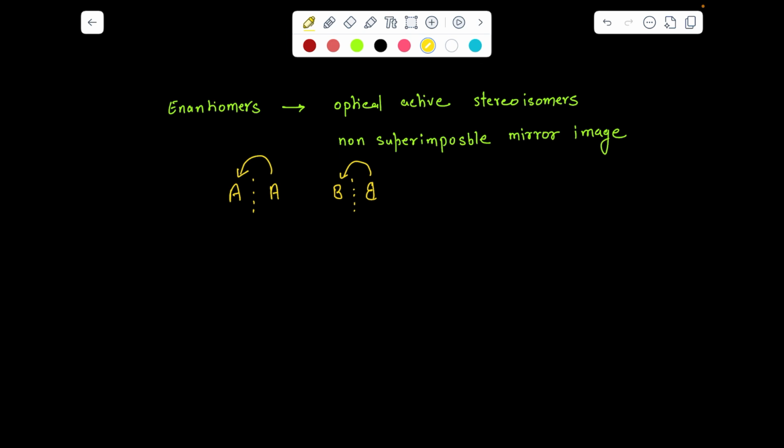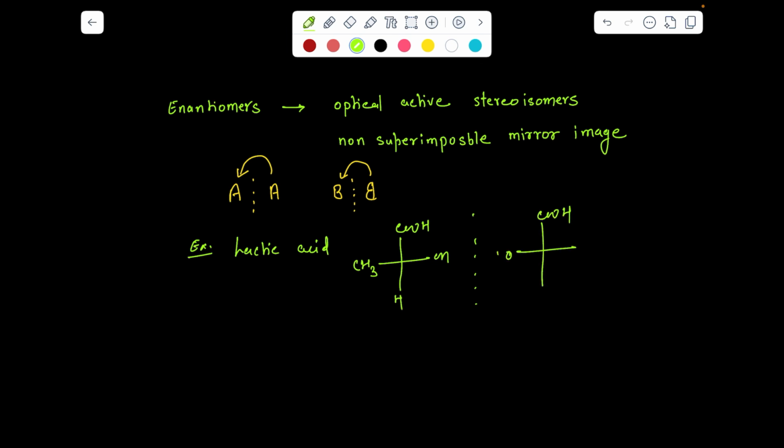So obviously they don't have a plane of symmetry, and they can rotate the plane of polarized light in clockwise and anti-clockwise directions. For example, lactic acid: it has H, OH, COOH, CH3 groups. I'll make the mirror image of this. These two are chiral, they don't have a plane of symmetry.